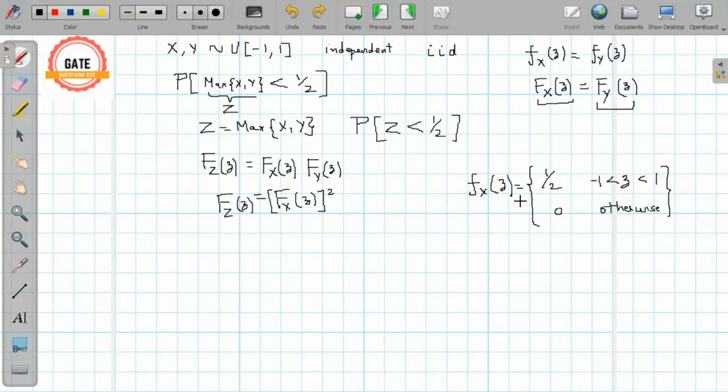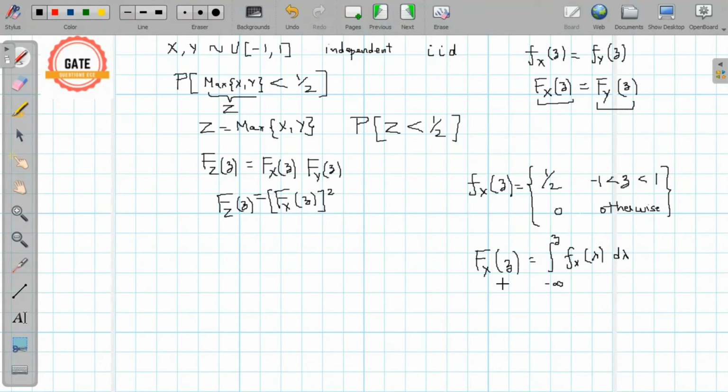From this PDF we can calculate the CDF, and the relation is that the CDF of x for sample value z will be equal to the integration from minus infinity up to the sample value small z of fx of lambda d lambda, where lambda is a dummy variable here.